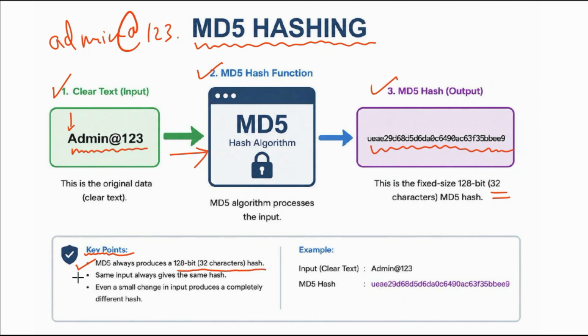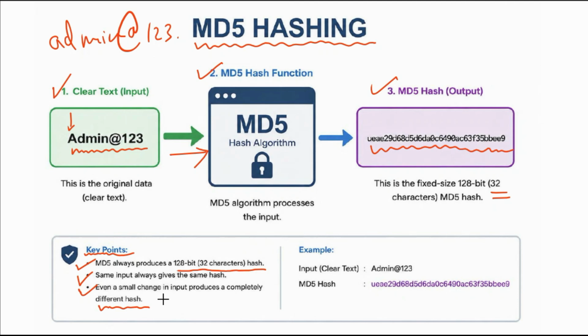The same input always gives the same hash value. No matter which algorithm you are using or which portal or website you are using, if you try to generate the MD5 hash value for a specific text, you will always find the same unless there is a change in the original text provided. Even a small change in the input produces a completely different hash.